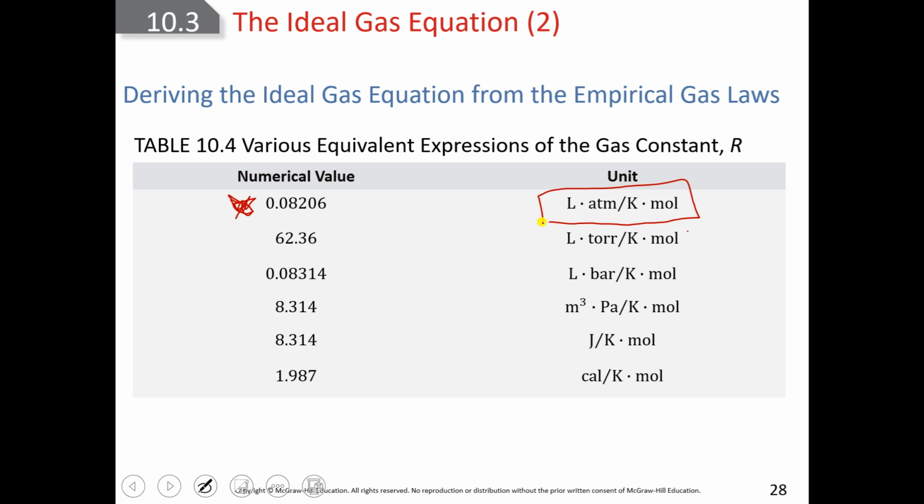You can use other units which have different numerical values for the ideal gas law constant, but that's only if your problem gives you things like torr or Pascal or cubic meters, etc., joules. In Chem 2 also, this is a very popular one, especially if your teacher prefers to use joules as opposed to liters·atm. So just kind of keep that in mind. It's going to depend on your teacher's preference in your next course. I'm telling you, the very first one is the one we need to focus on the most.